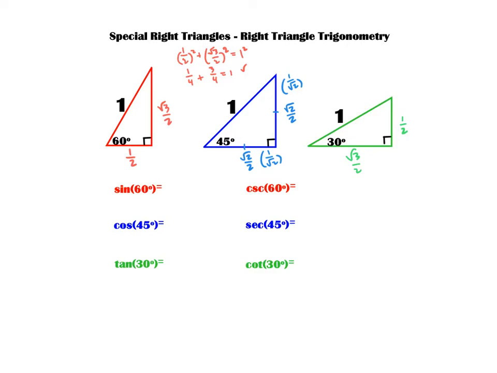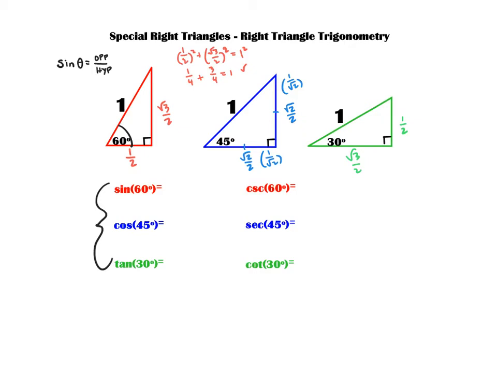Now we need to get into some right triangle trig. I'm going to focus on these first 3 trig functions right here, sine, cosine, and tangent. I'm going to work with the red triangle first. So I want the sine of 60 degrees. Here's my angle that I'm referring to. The sine, recall, of any angle theta can be calculated by taking the opposite side over the hypotenuse.